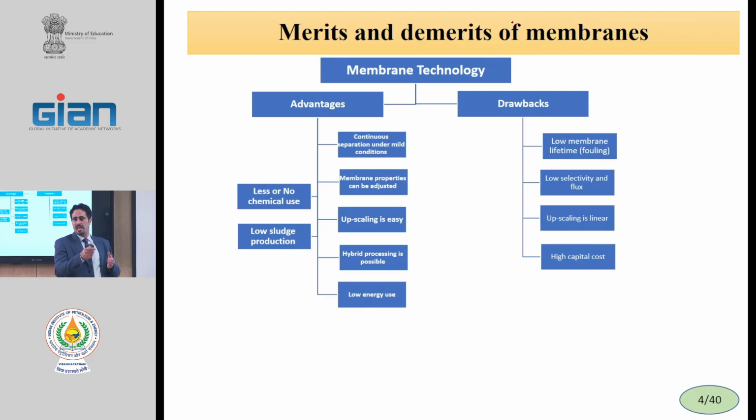In the first day, we have a high flux, and after 2 months, due to the plugging of the pores, due to the layering of a foulant layer on the membrane surface, and other reasons, the flux reduces, the selectivity reduces, and after 1 year, 2 years, based on the membrane, we must change the membrane.